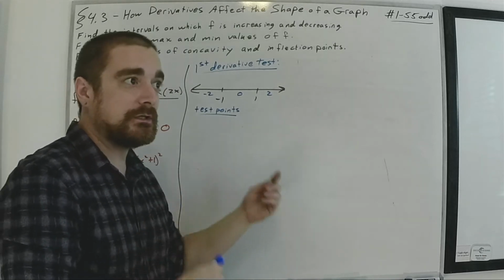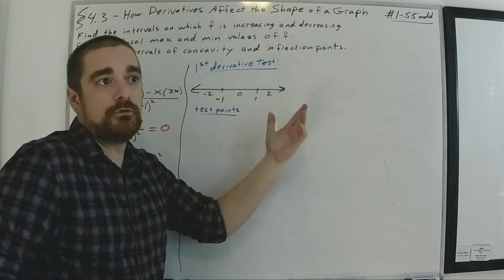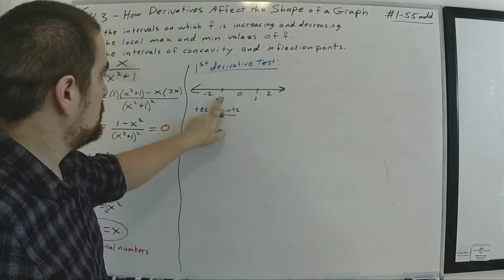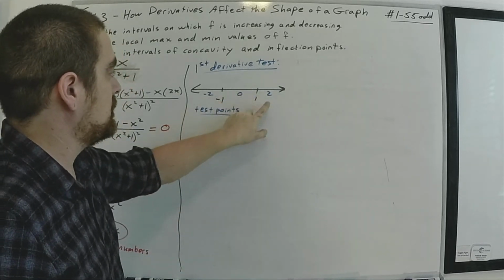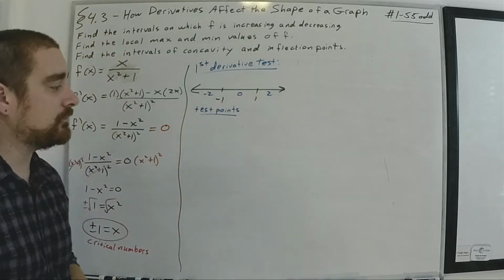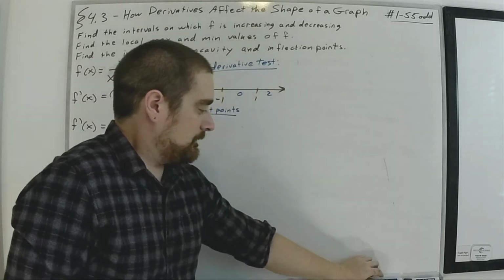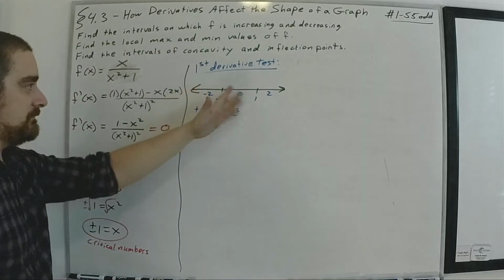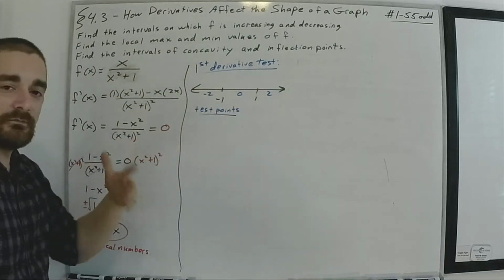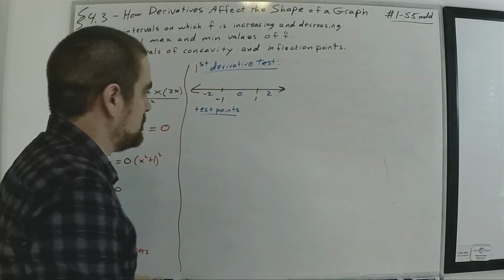I'm just using -2, 0, and 2 because they're nice numbers. And they're to the left and to the right. Same thing here, to the left and to the right of that critical number, or those critical numbers, positive and -1. So you could pick different numbers like -5, +6, right? You could pick a half, but why would you do that to yourself?